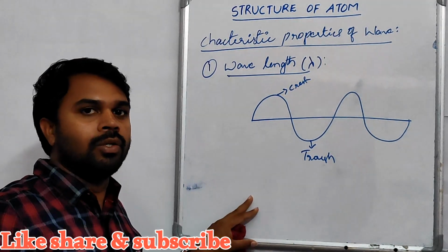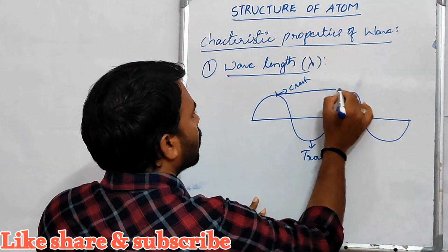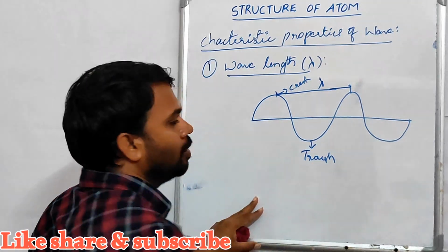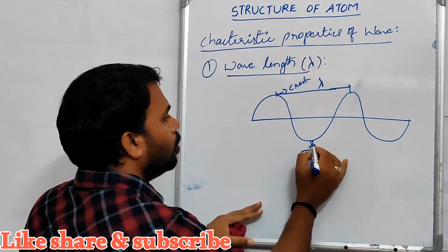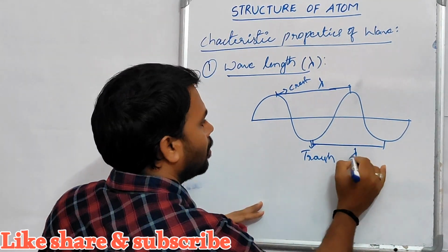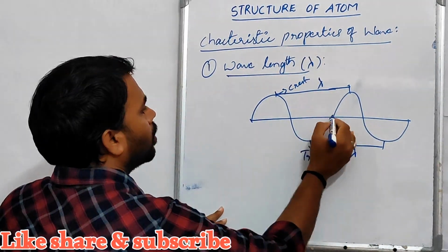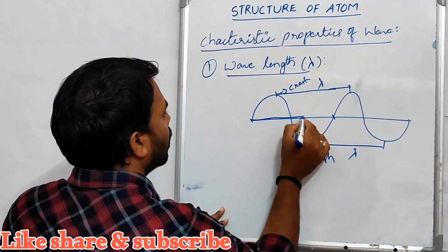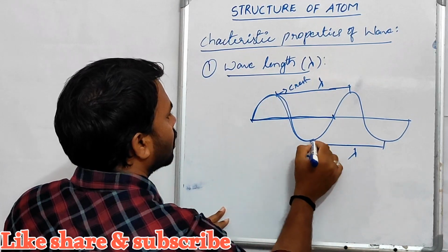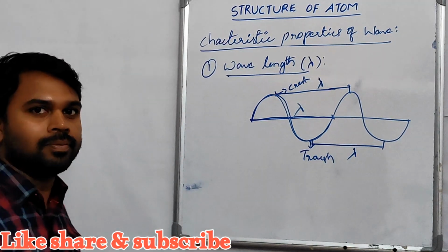The distance between two successive crests is called wavelength, or the distance between two successive troughs is called wavelength. In other words, the distance of one complete wave is called wavelength.